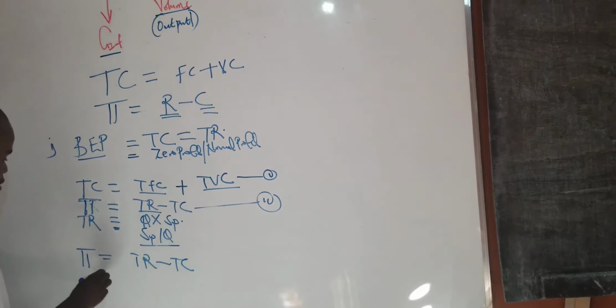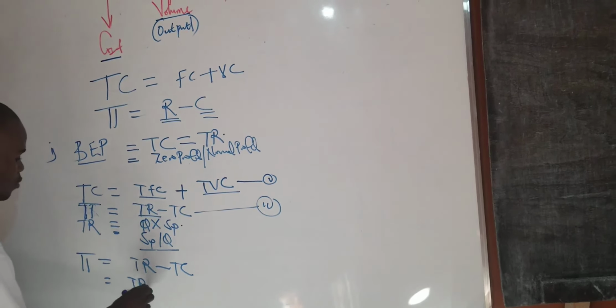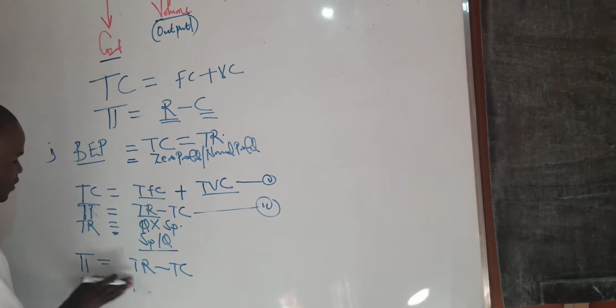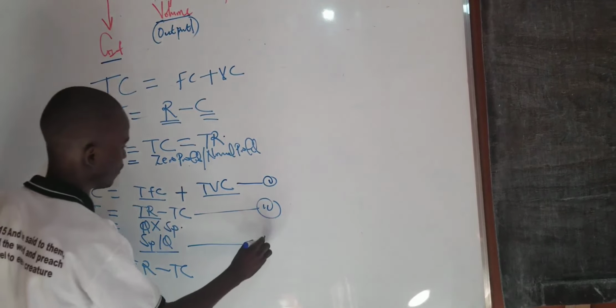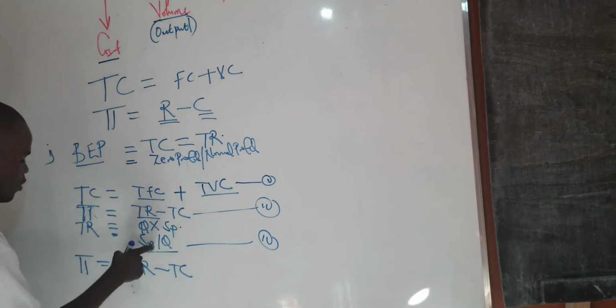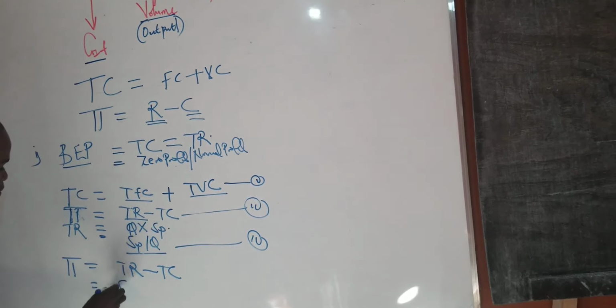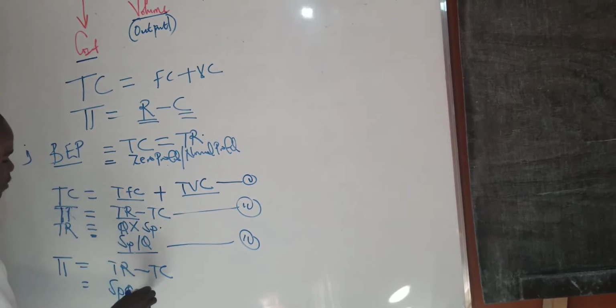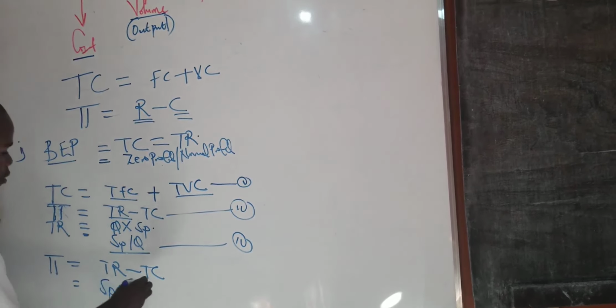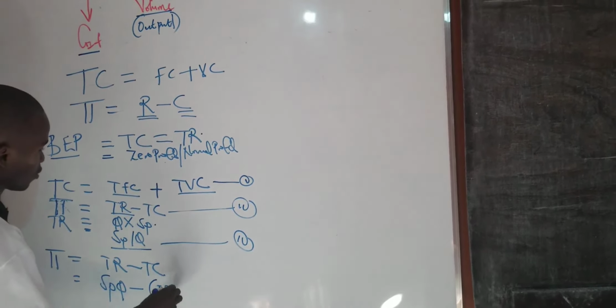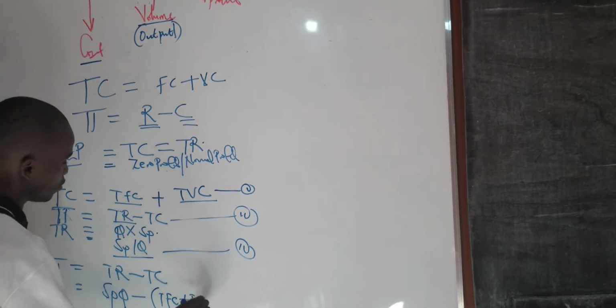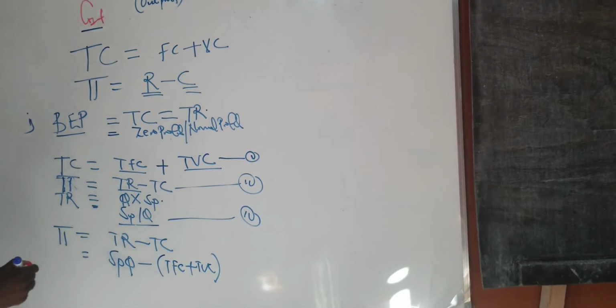Total revenue, from equation 3, is selling price times quantity, minus the total cost: total fixed cost plus total variable cost.